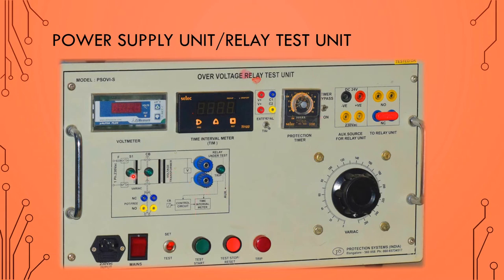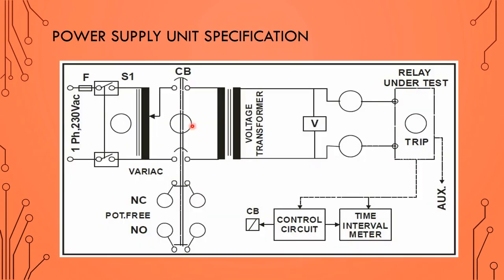Generally, before that we should see how we are increasing the voltage. As you can see, when we are applying 230 volt here, this variac is giving that variable voltage through the circuit breaker to the voltage transformer. As you know, in case of electromechanical, we have used the current transformer, but here we have used the voltage transformer.